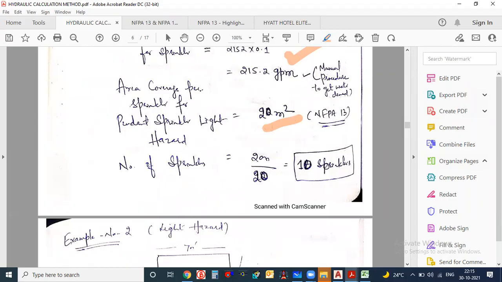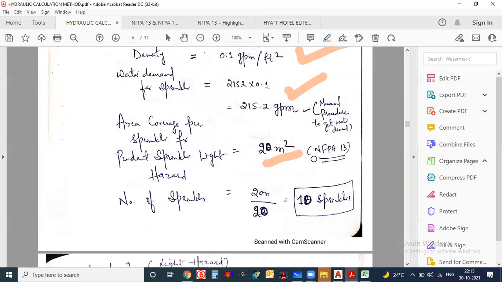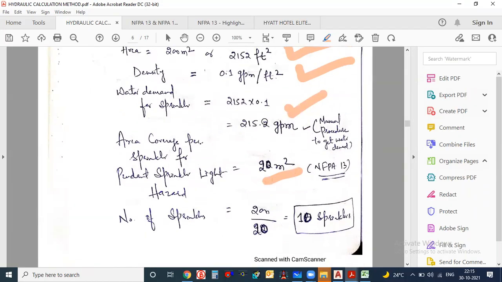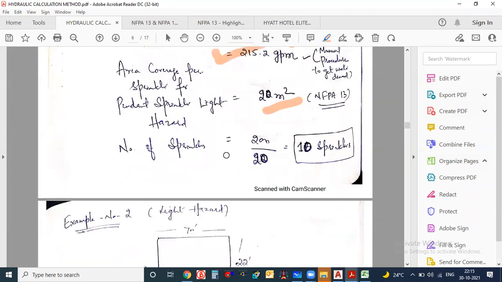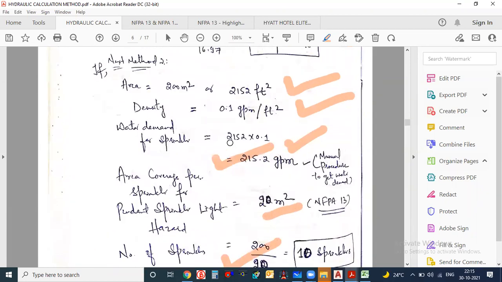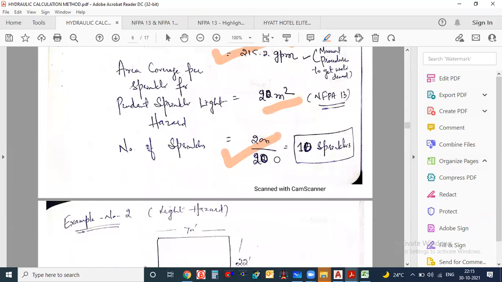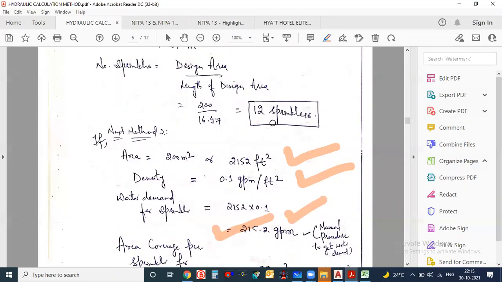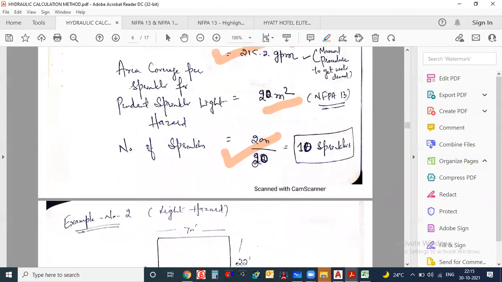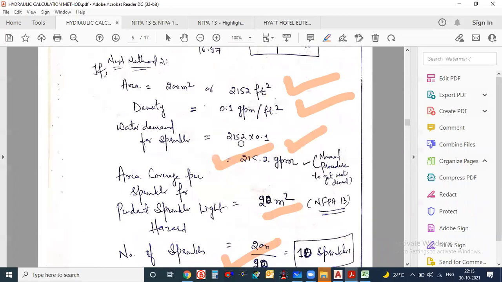You will get 10 sprinklers. So here I first tried to get the water demand, which is 2152 GPM, and then the number of sprinklers. Simply, I divided the area by the maximum protection area, 20 square meter or 225 square feet. If you divide 2152 by 225, you will get the same result, 10 sprinklers.